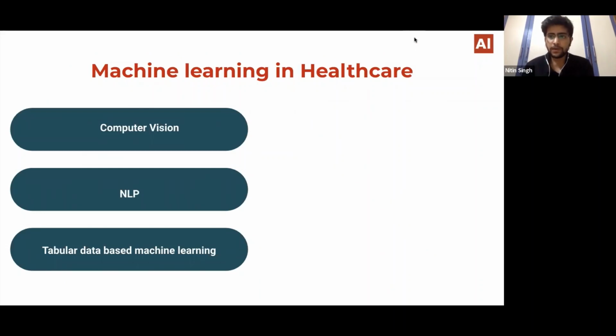So overall, machine learning in healthcare comprises all three things we see in a typical ML problem: computer vision, NLP, and tabular-based data. The use cases of computer vision are in medical imaging and nuclear medicine, and also genome analysis and sequence analysis.